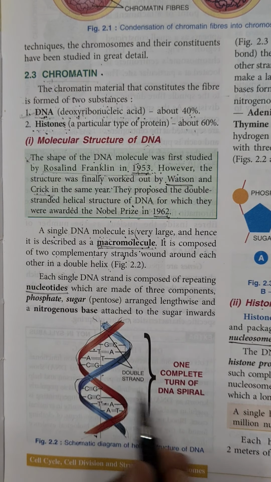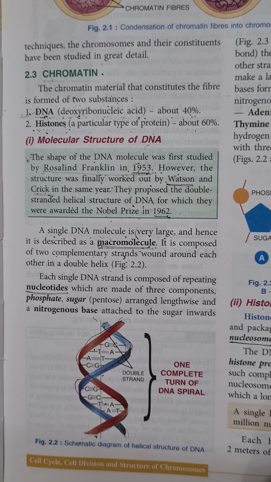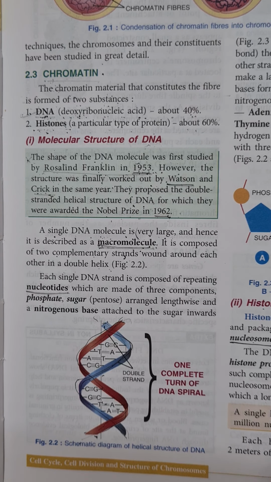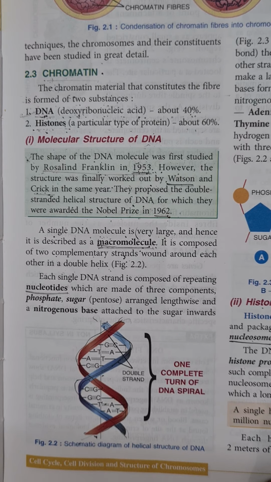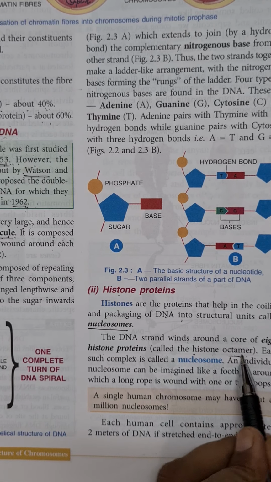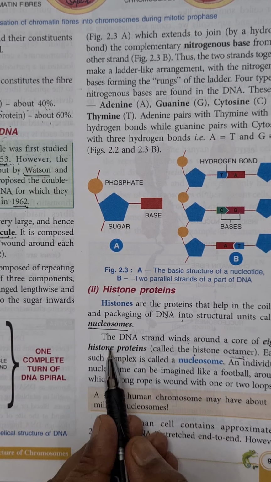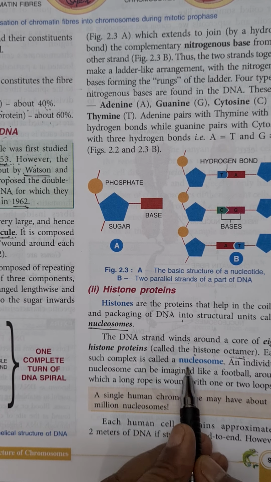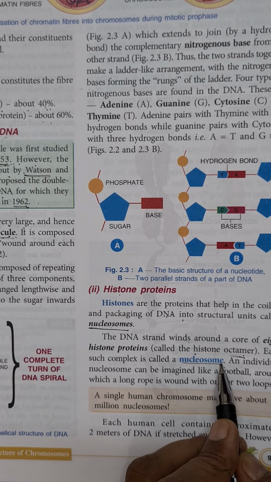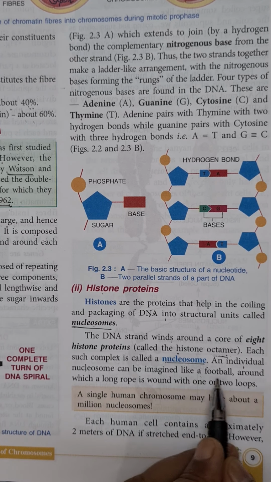The DNA strand winds around a core of 8 histone proteins called the histone octamer. As 8 molecules of histone proteins are there, we call them the histone octamer. Each such complex, that is 8 histone molecules wrapped by 1 or 2 loops of DNA, is called a nucleosome.